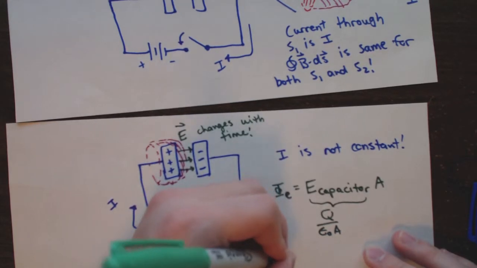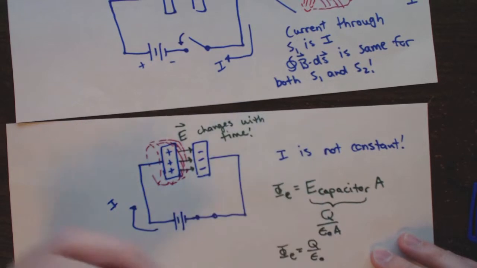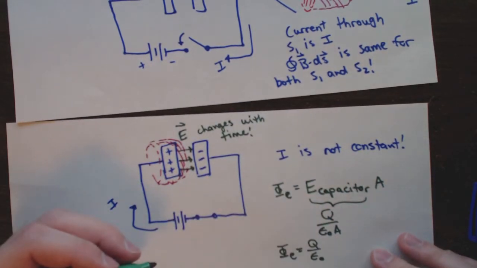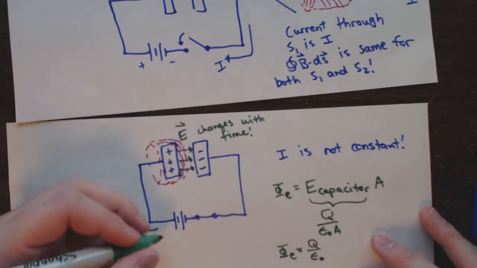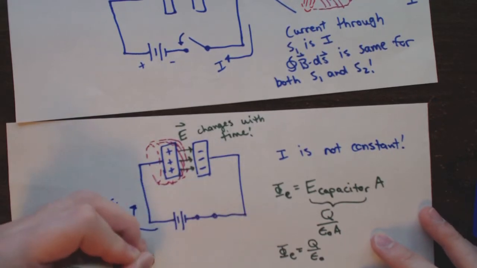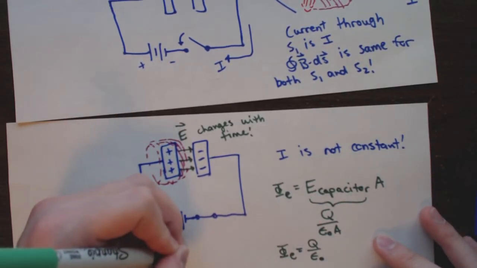The domed one that wraps around that left capacitor wall. The electric field from a capacitor is just dependent on the charge and the area. And since flux is also dependent on area, you see the areas cancel out. So the flux between your capacitor is really just dependent on the charge.